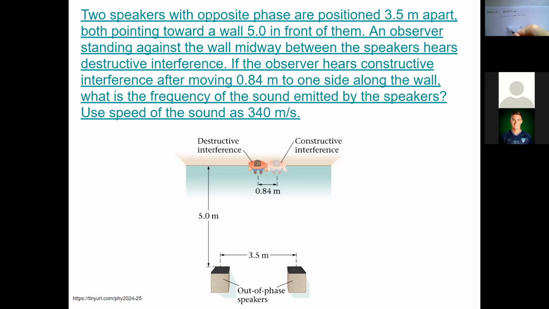For wave 1 to reach the observer's location, this is R1, path 1. And for wave 2 from speaker 2 to reach the observer, this is path 2, R2. The speakers are 3.5 meters apart, and this is 5 meters over there. So I'm just going to draw it over here.